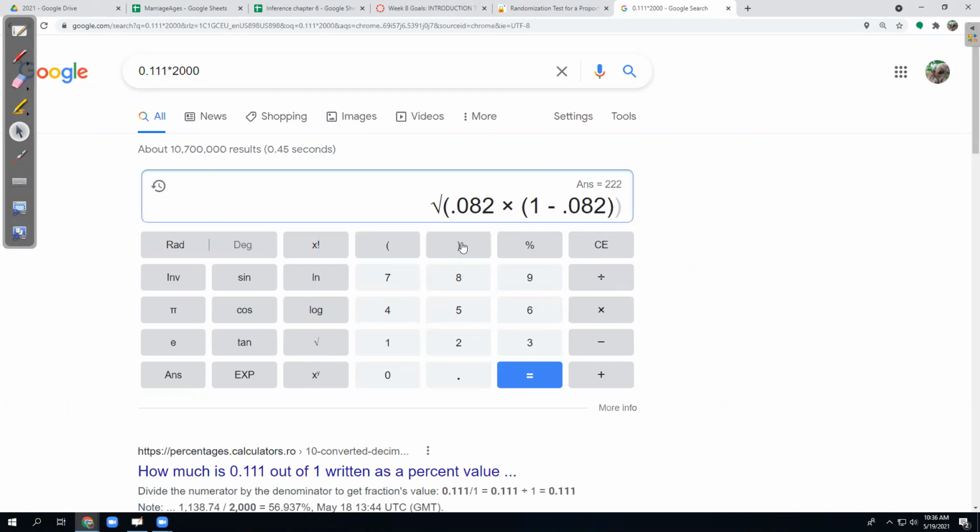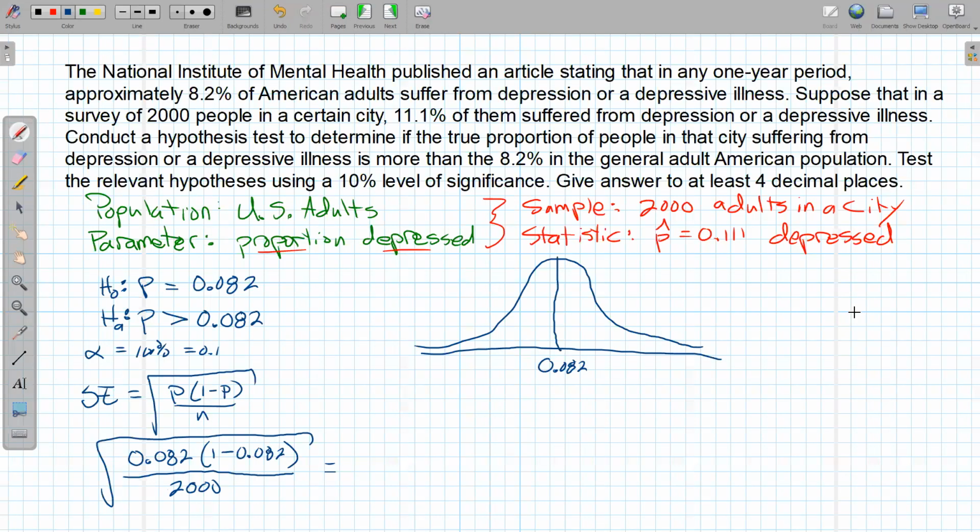Close the parentheses for the minus, then divide by 2,123. Close the square root. Okay, scientific calculator is better. Hey, there it is. Look at it. It matches the randomization simulated standard error. It's about 0.0061.